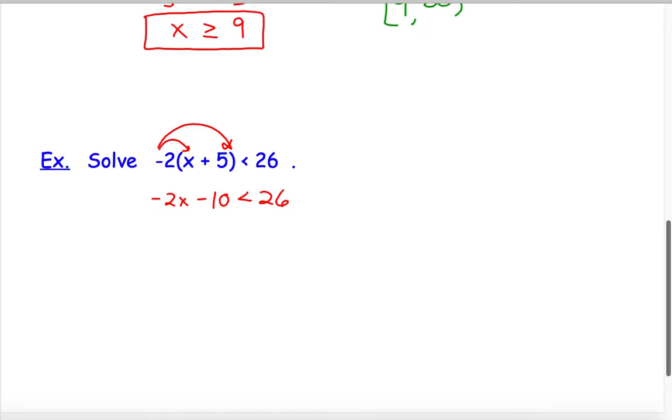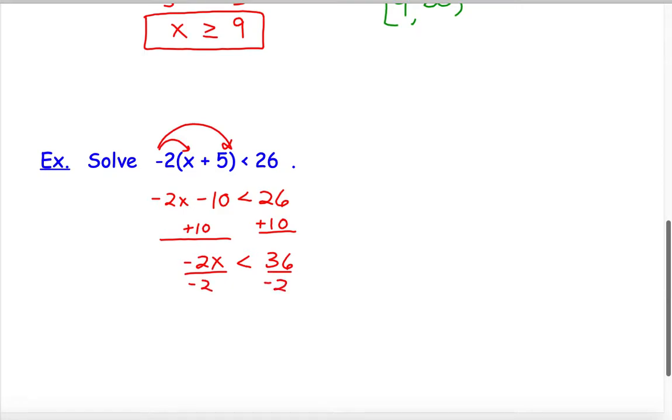So step 1, let's get rid of the minus 10 by adding 10 to both sides. Adding 10 is not going to change my inequality. The minus 10 plus 10 is 0, so I have a negative 2x on the left side. 26 plus 10 is 36 on the right. Now I need to get rid of the negative 2 times x, so I'm going to do the opposite and divide by negative 2.